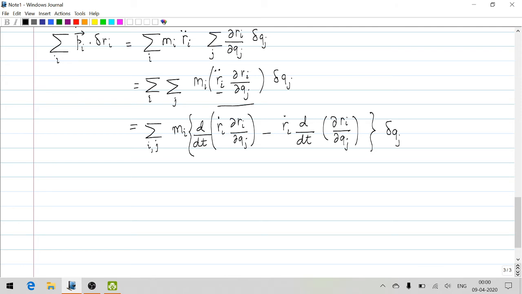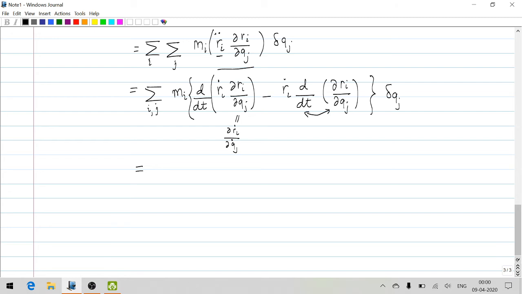Now having done this, there are two things that I am going to do. From equation 2 or 3, I do not know right now, but I am going to change this as dou Ri dot upon dou Qj dot. And these two derivatives I am going to exchange because they are independent of each other. So if I carry out these two steps in one go, I'll write this as summation over i comma j, d by dt. Mass is constant, so mass can always go inside the derivative.